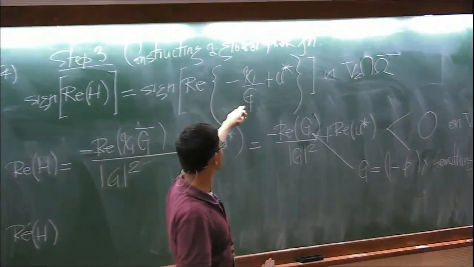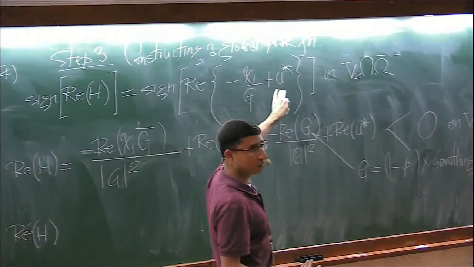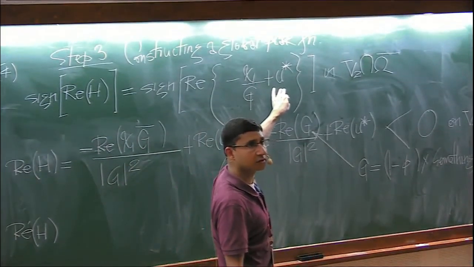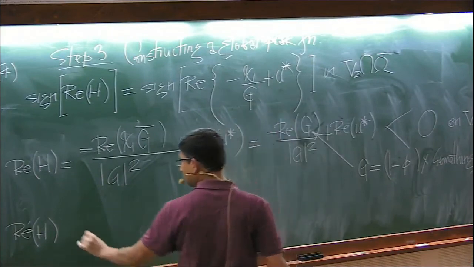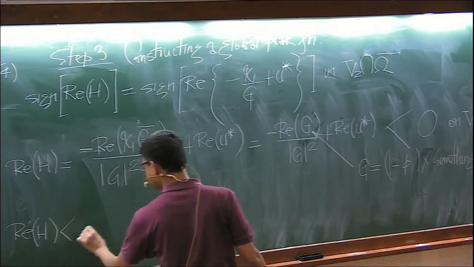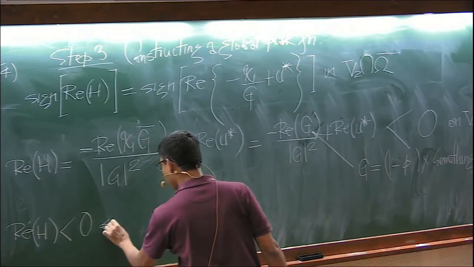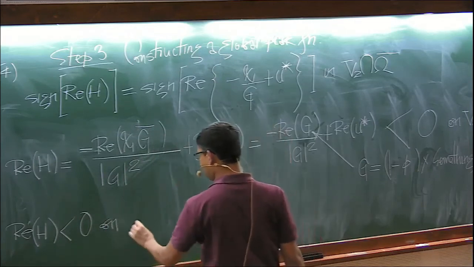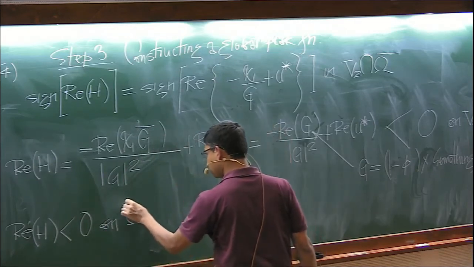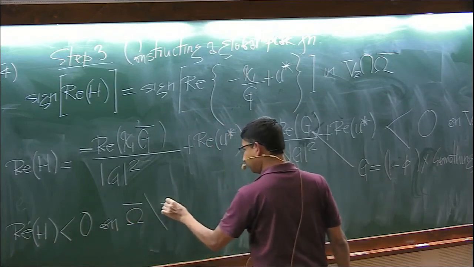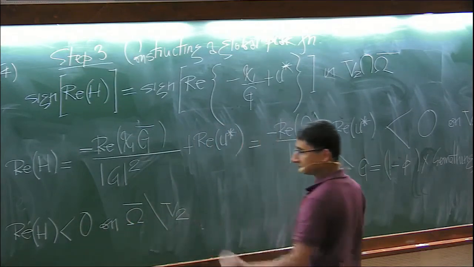Outside of the support of chi1, this is all that survives, which by construction has negative real part. So the real part of H is in fact less than 0 on where? On omega closure minus V2, right?